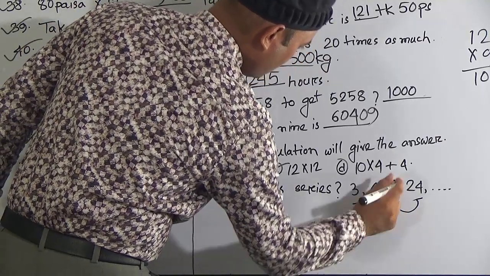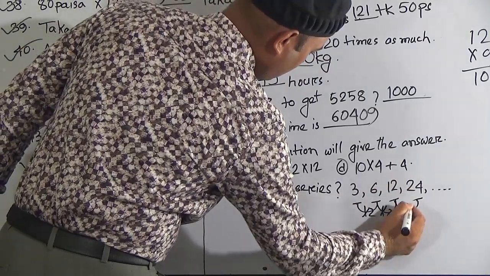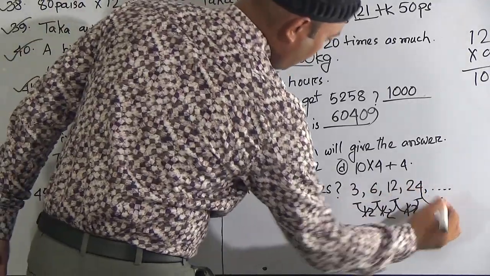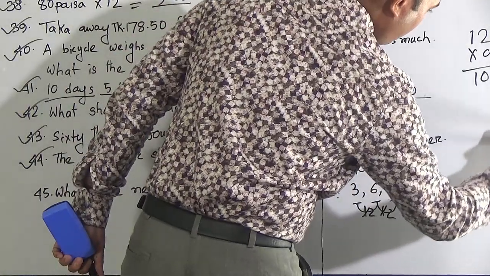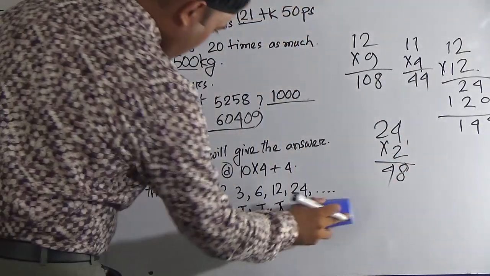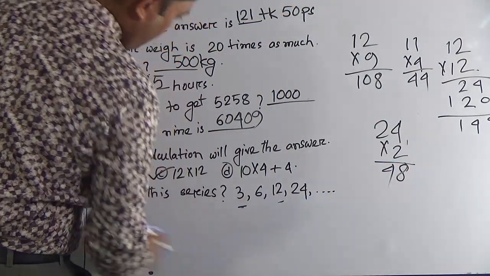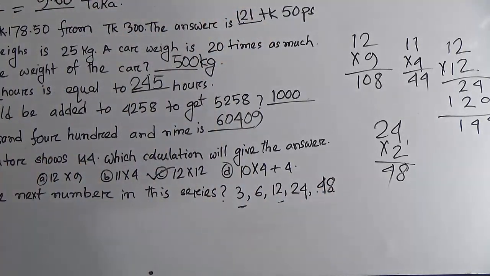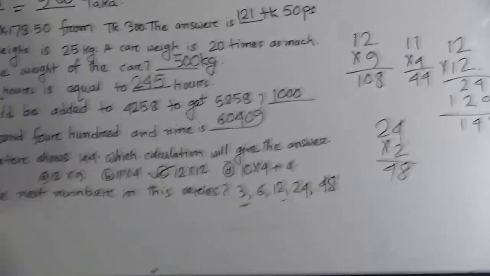Then multiplying by 2 we get 12. Then multiplying by 2 we get 24. Then what will be here? 24 multiplied by 2. 4 twos are 8, 2 twos are 4. So the next number will be 48. Hope you understood this one.